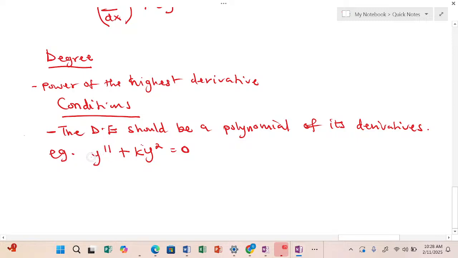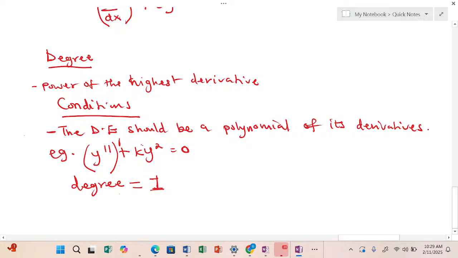We can see that it is clearly 1 because the power of this y prime prime is 1. Therefore, the degree of this differential equation is 1. Why? Because it is clearly in a polynomial form. This is more or less like a quadratic equation. It is in a polynomial form. Therefore, it satisfies the condition.